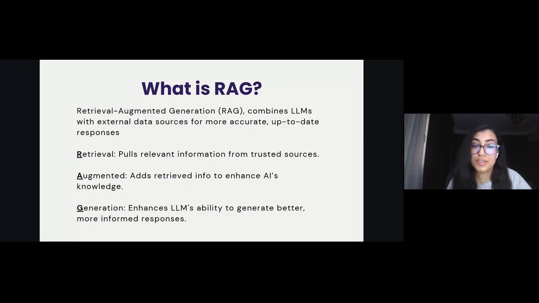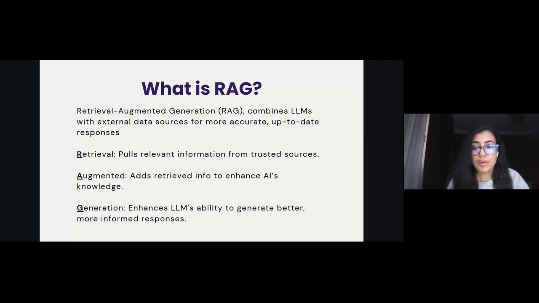RAG is Retrieval-Augmented Generation. It combines the power of LLMs with external data sources. So instead of only relying on the data that the model has been pre-trained on, it can access more accurate and up-to-date information.